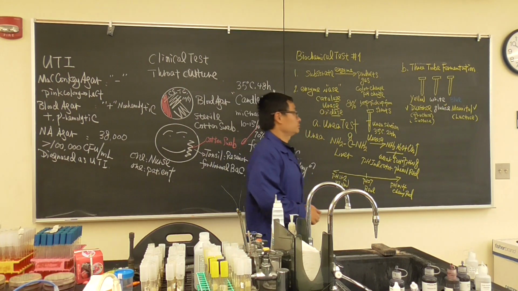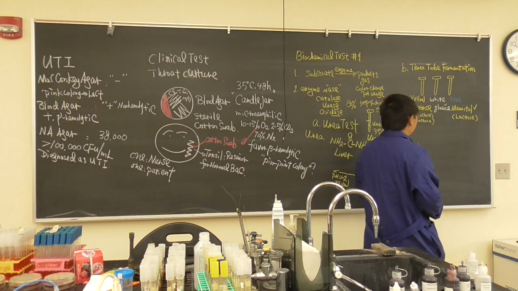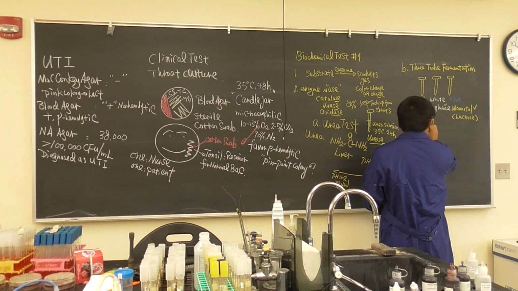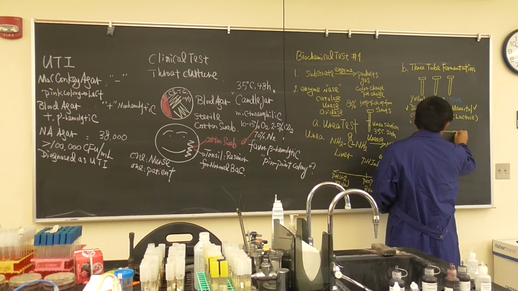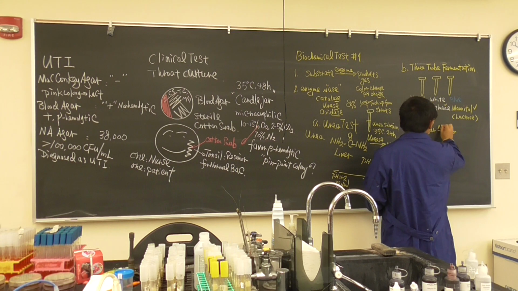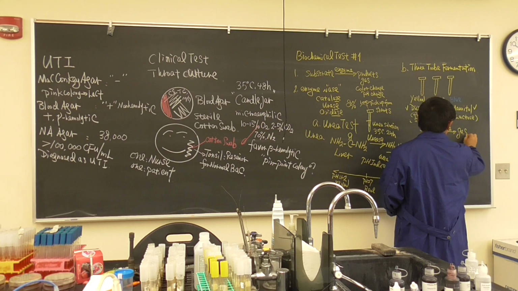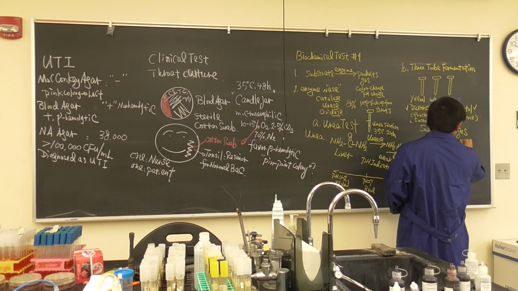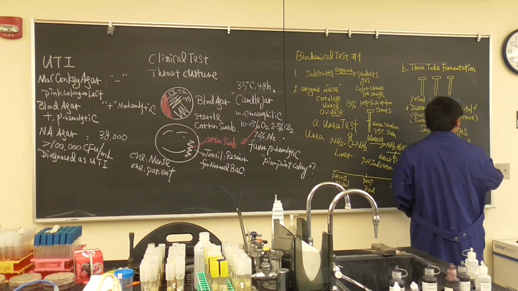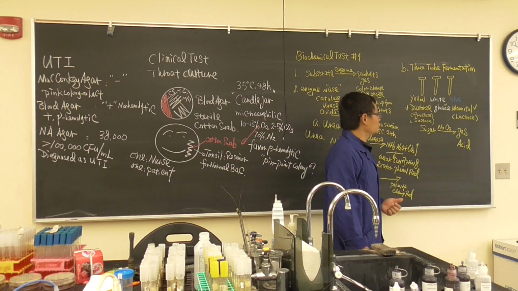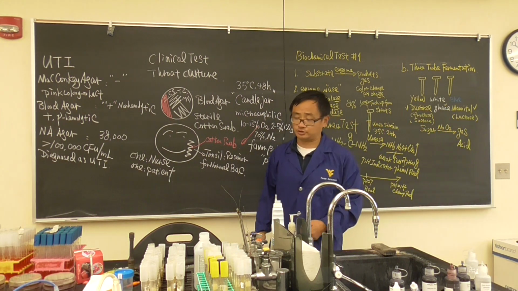So what's going to happen? Fermentation, most of the time, is sugar. In the absence of oxygen, no oxygen, they will generate gas and acid. If those two products are generated, we know it's fermentation positive.